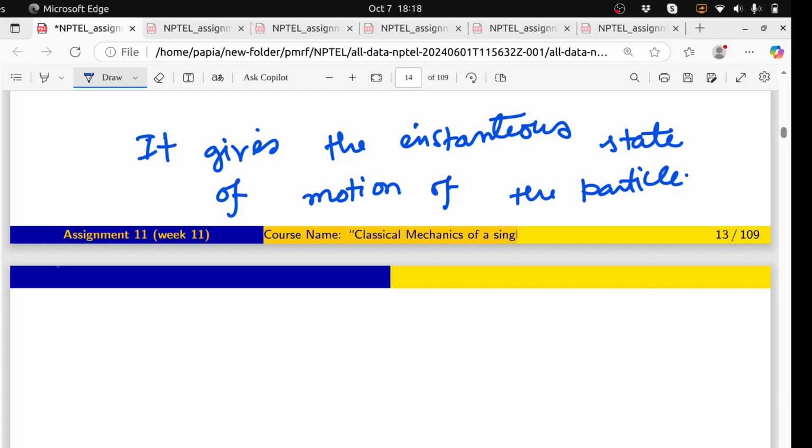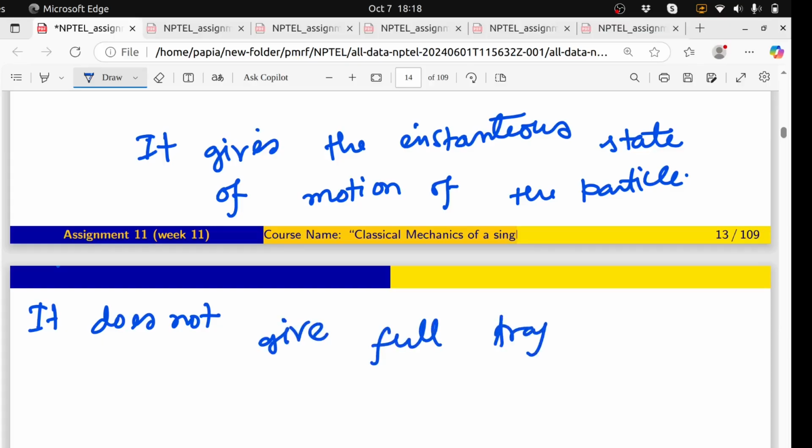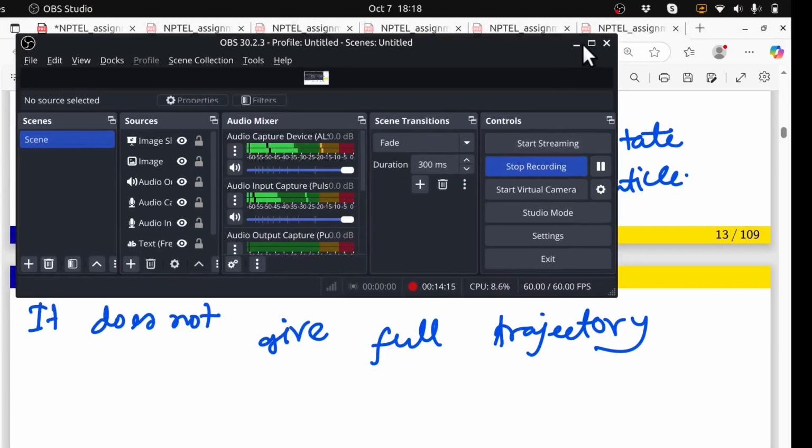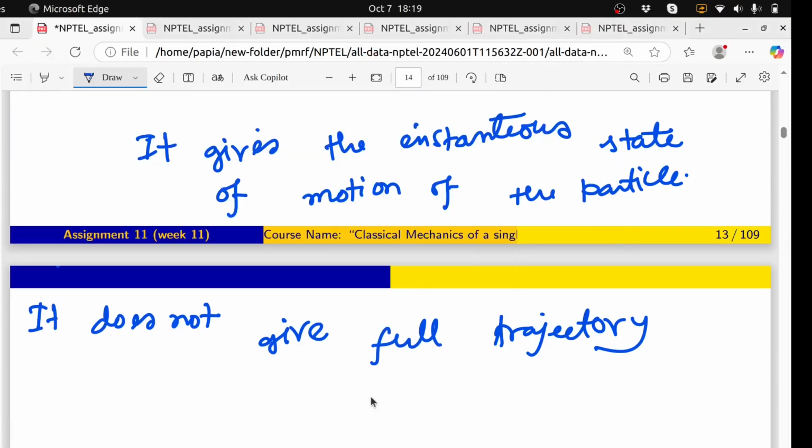I just want to mention here one thing: it does not give the full trajectory by itself.